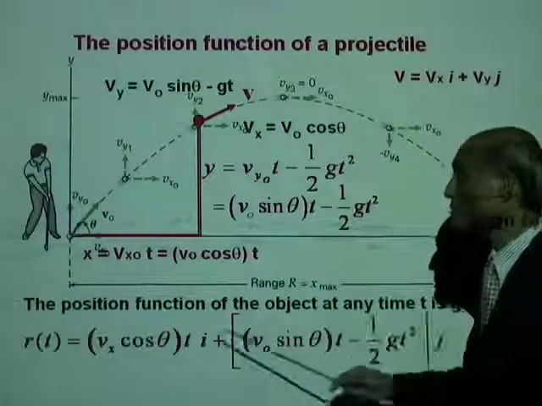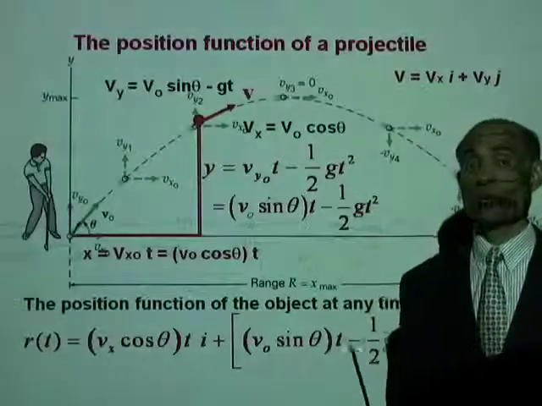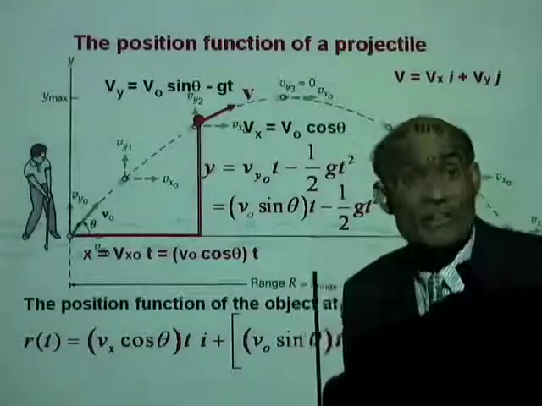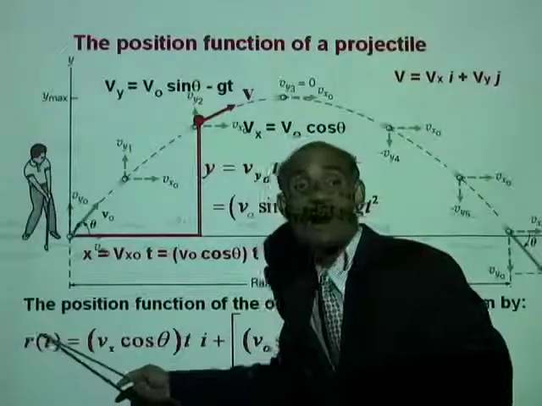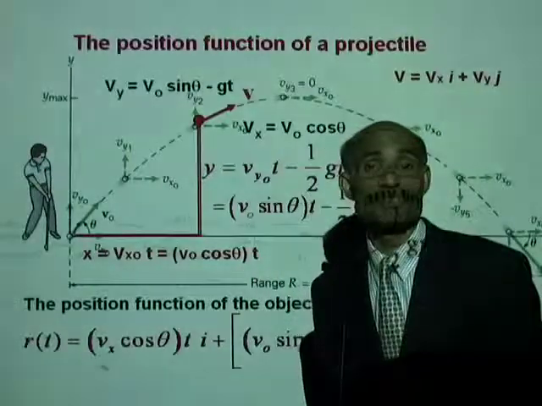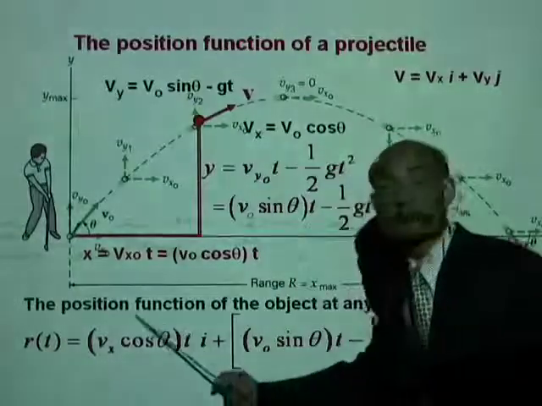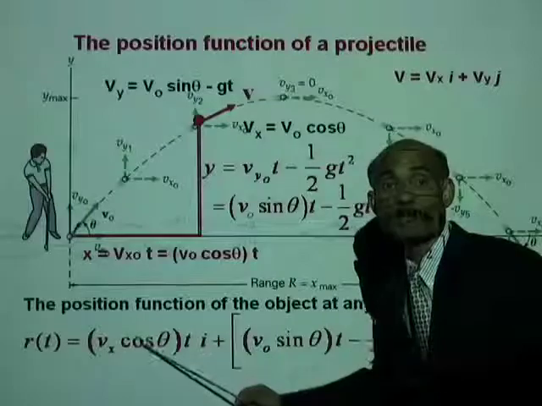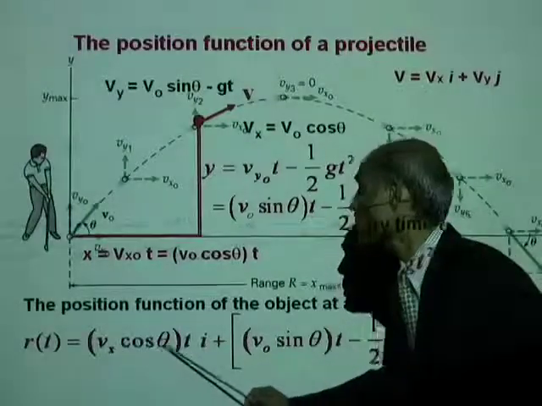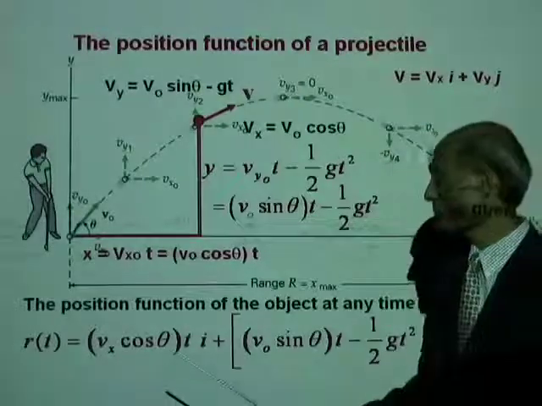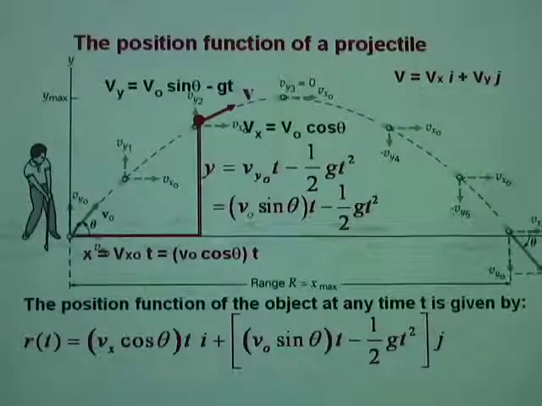So we will write the position function as r of t. Now the position is not x, not y, so we will use the letter r to represent the position. R of t equal to the x position, Vx cos theta times t. That will be V0 cos theta times t. Is that right? Let's change that V sub x to V0.